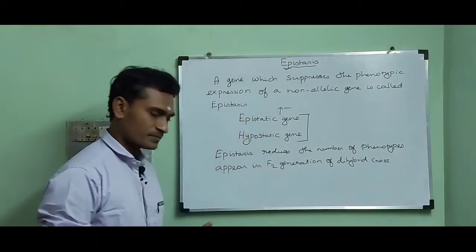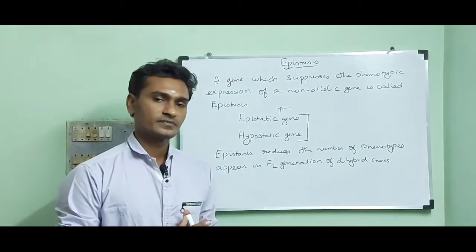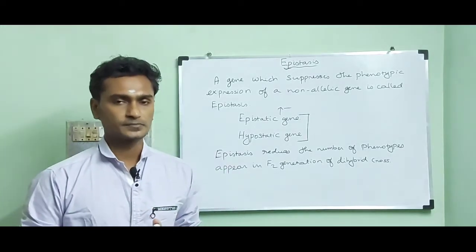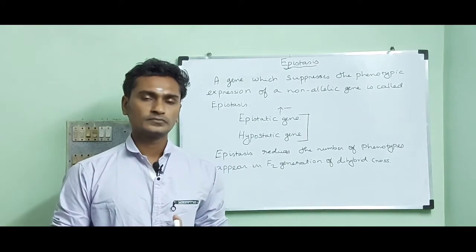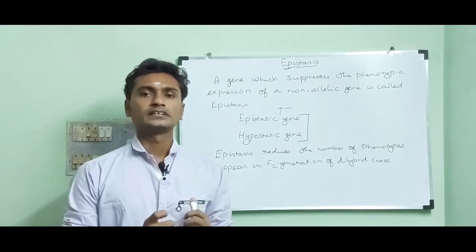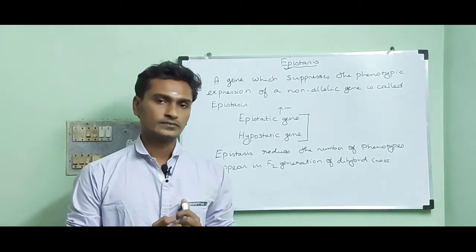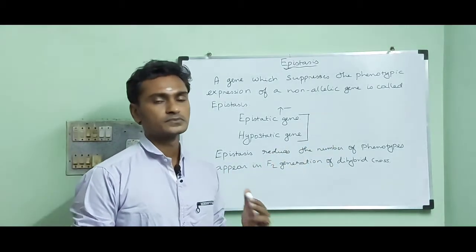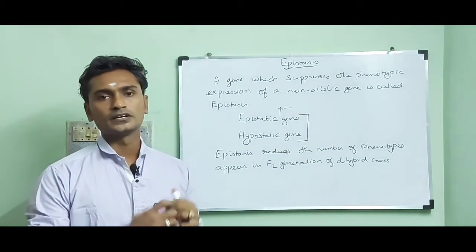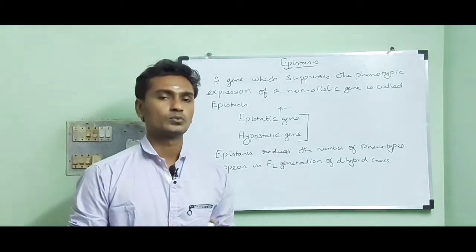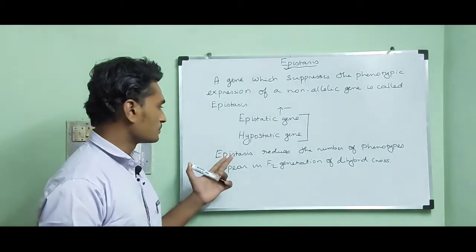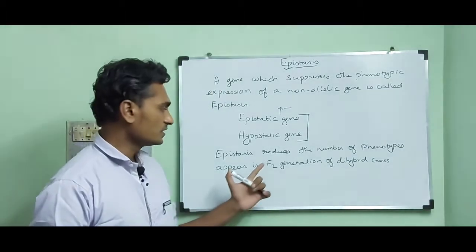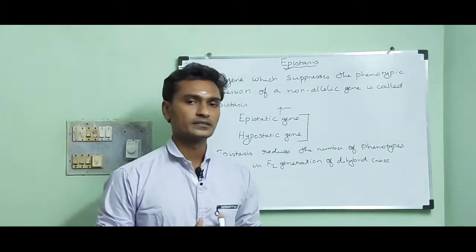That means in a dihybrid cross in the F2 generation we could observe 4 types of phenotypes: round yellow, round green, wrinkled yellow, wrinkled green. While in the case of epistasis, the number of phenotypes would be reduced. It may reduce to 3 or 2 or 1.